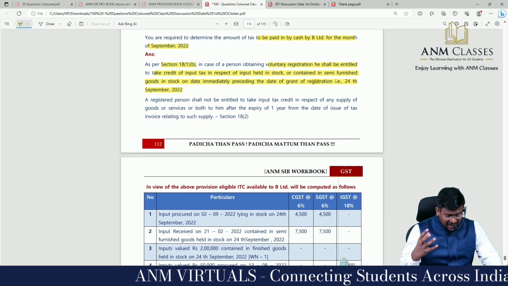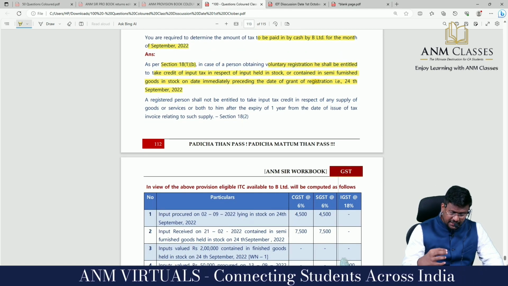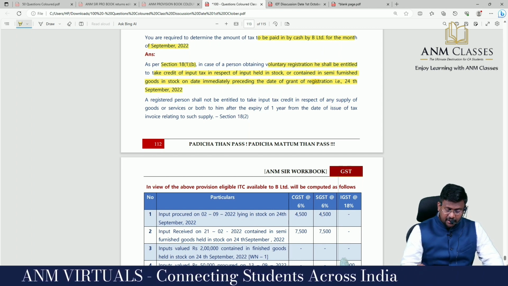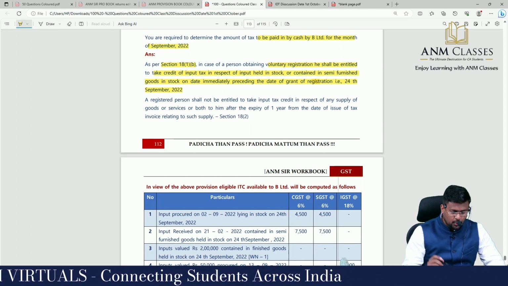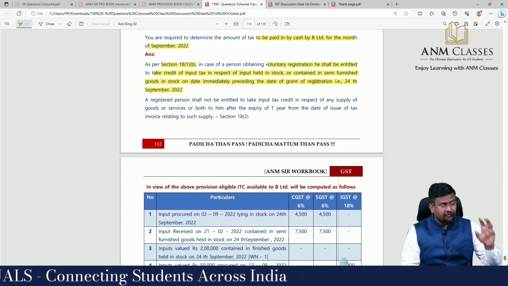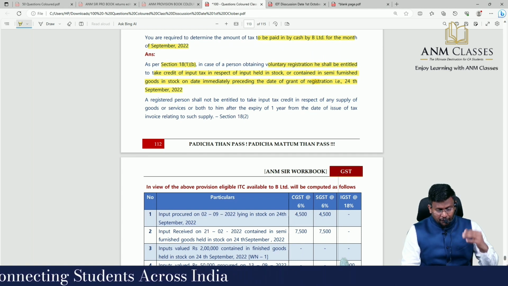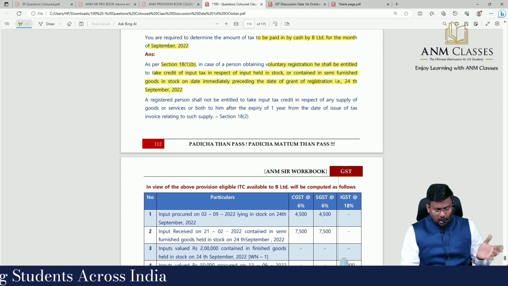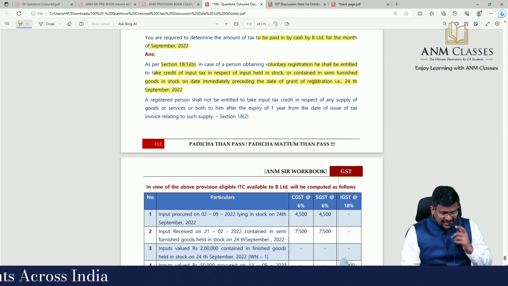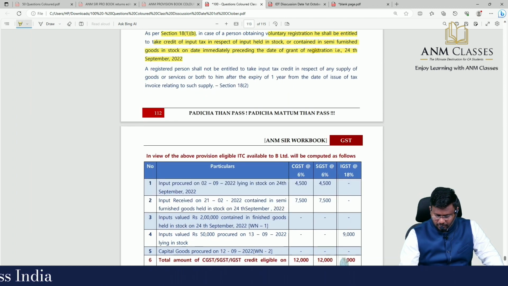A registered person shall not be entitled to take input tax credit in respect of any supply of goods or services or both to him after the expiry of a year from the date of issue of tax invoice relating to such supply as per section what?